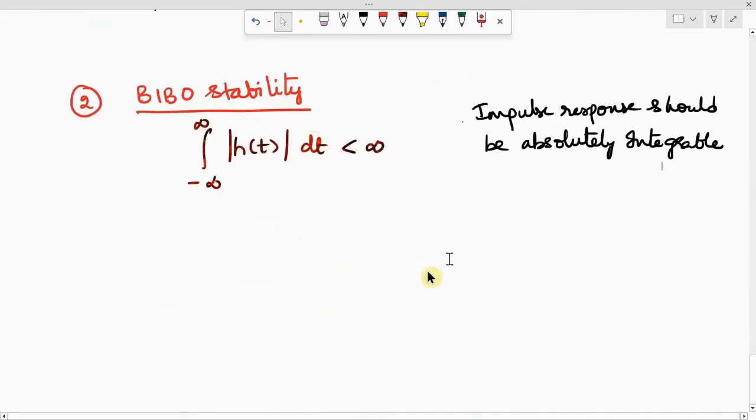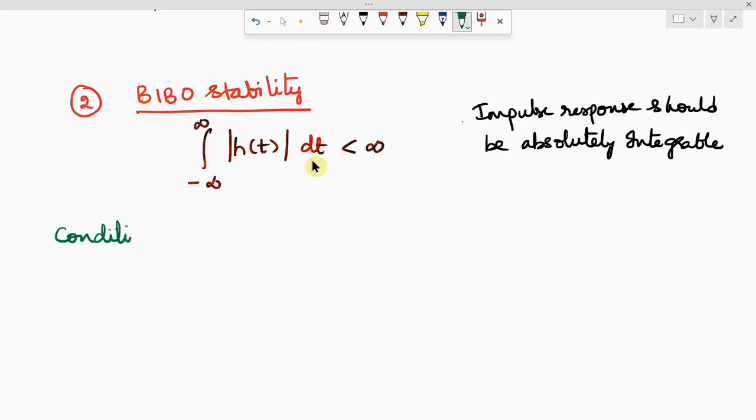now we should talk about the same in terms of ROC for the condition of bounded output stability. Now I want to recollect the condition for convergence of the Laplace transform. Can anyone recollect it?